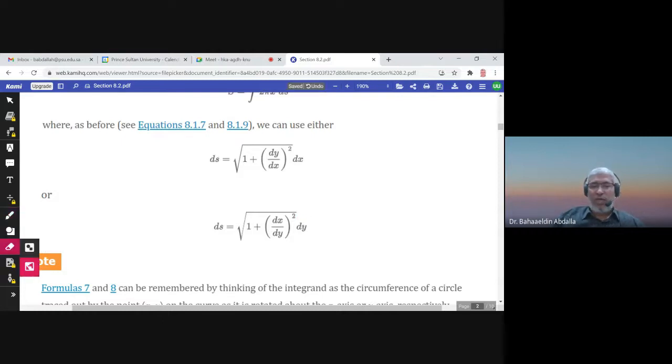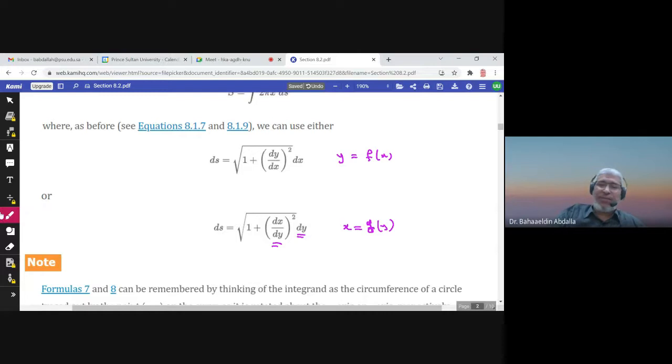So the integration could be with respect to y, and then here we have dx by dy, and x is written as a function of y, g of y, while here the integration would be with respect to x, and we have dy by dx, and y has to be a function of x. Here x is a function of y, here y is a function of x.